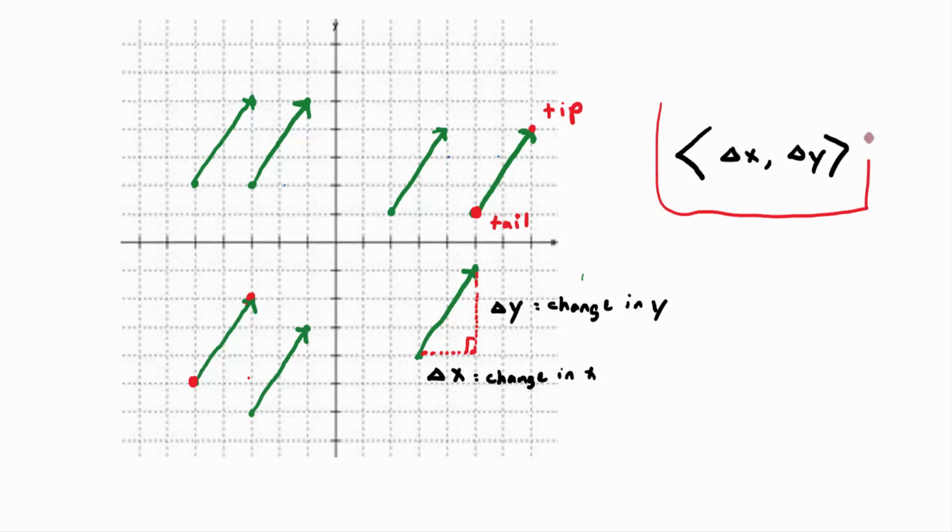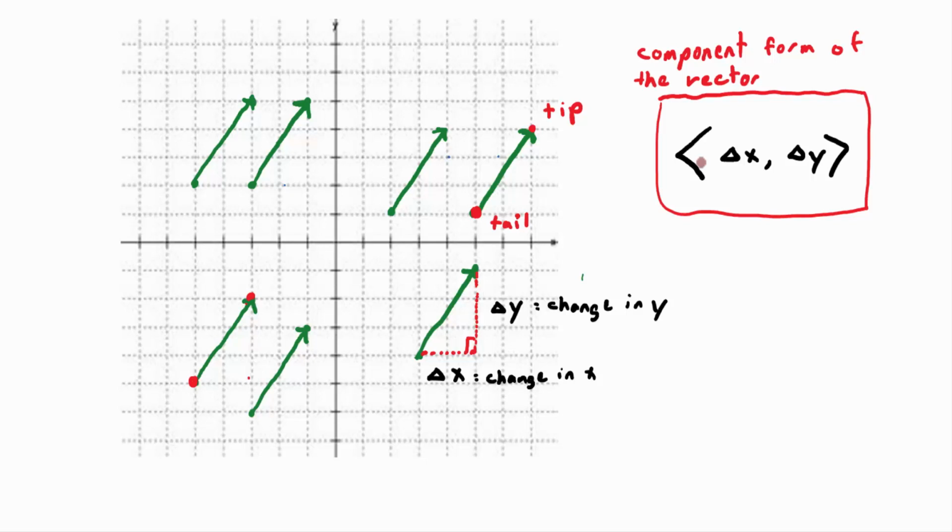So let me tell you what this notation is called. This notation is called the component form of the vector represented by all these pictures. So in a very real sense, all these pictures represent the same vector, at least in component form.